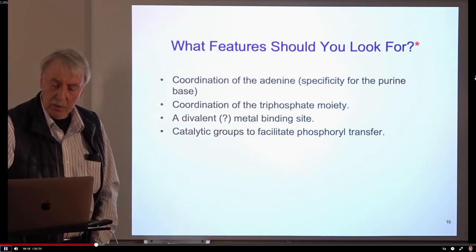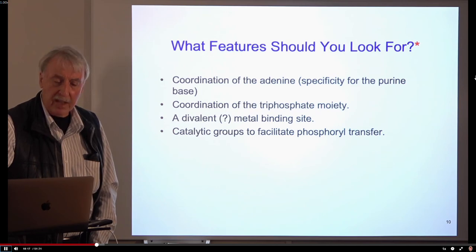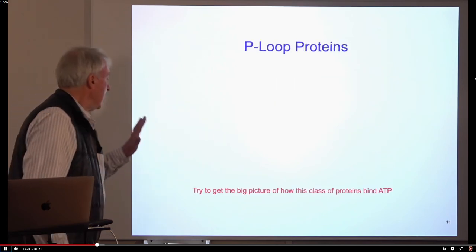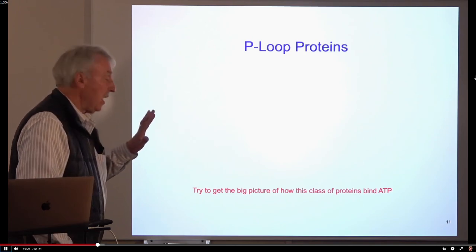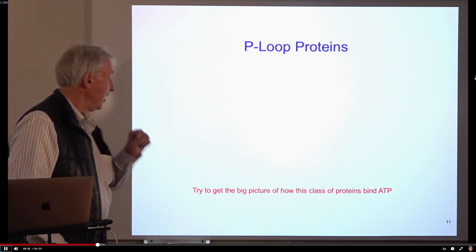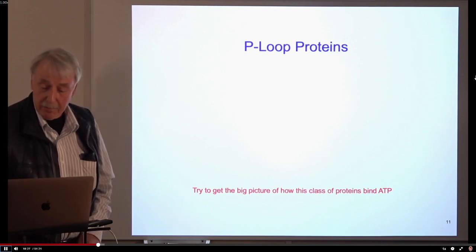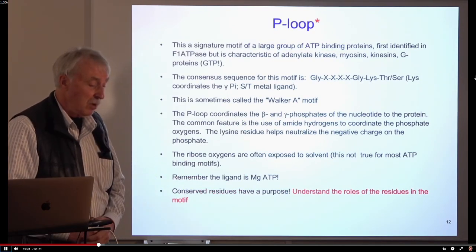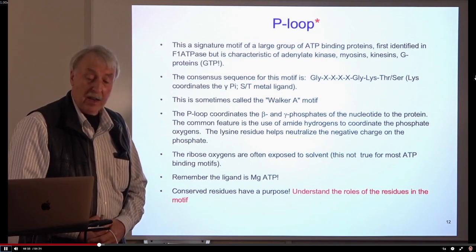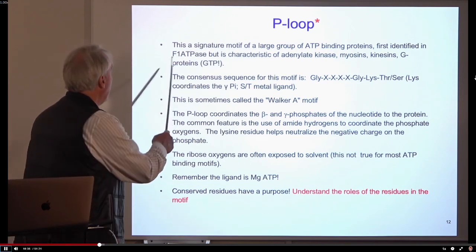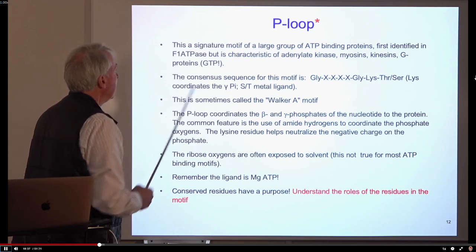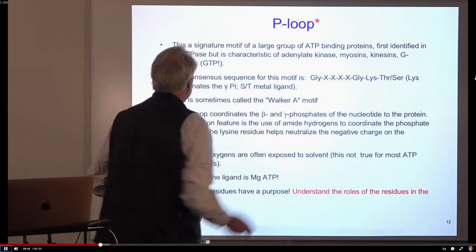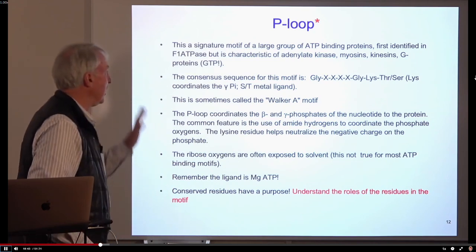So the first group that we'll look at is an abundant set, and these are the P-loop proteins. What I want you to get from here is the big picture of how this class of protein binds ATP. Now the P-loop itself was a sequence motif that was recognized first in F1 ATPase, and it's also found in adenylate kinases, myosins, kinesins, dynein, G proteins, transporters.